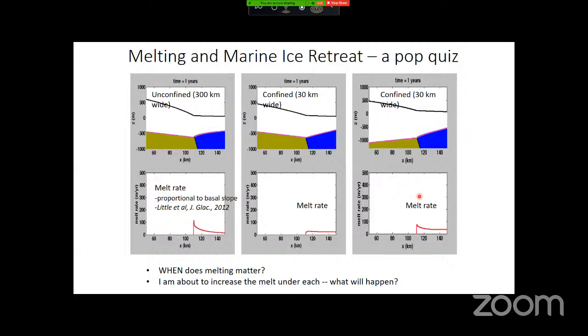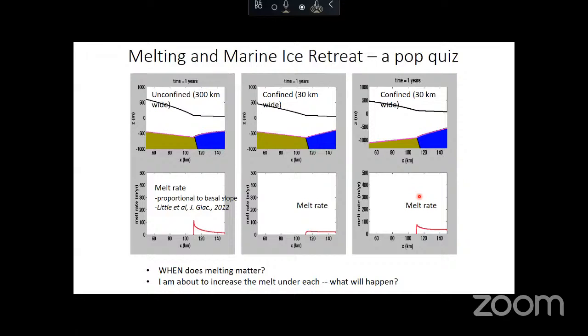Left, where the bedrock shallows inland and there's no buttressing. Center, where the bedrock shallows inland and there's lots of buttressing. And right, where the bedrock deepens inland and there's lots of buttressing.